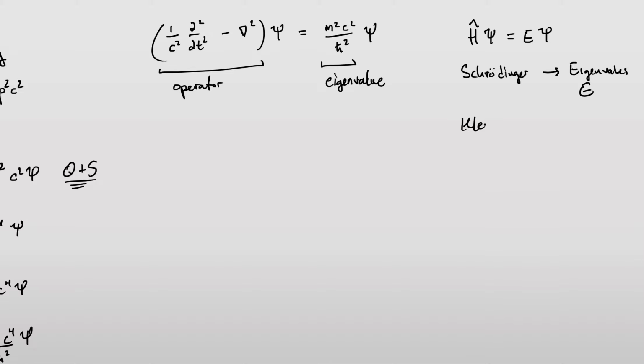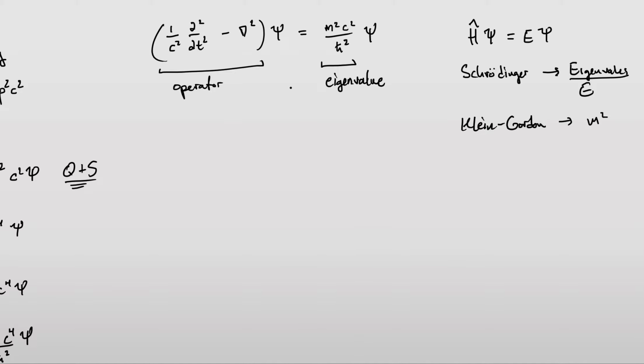In the Klein Gordon case, we can clearly see that the eigenvalue, well, these guys are constants, right? C and h bar are constants. The only thing that's really not a constant is the mass, right? So the eigenvalue for the Klein Gordon equation is this proxy for mass almost. It's m squared, right? And this is an interesting thing to note.